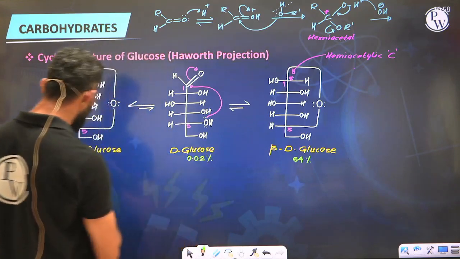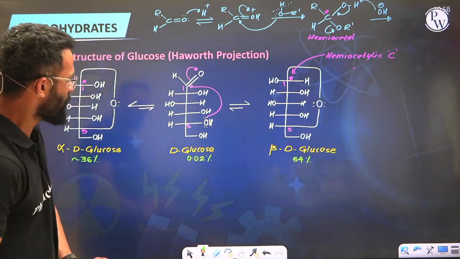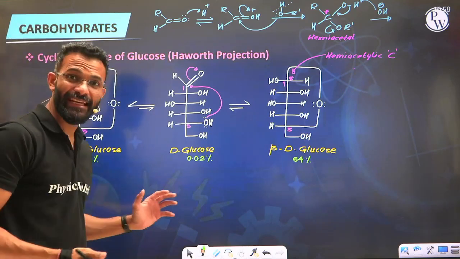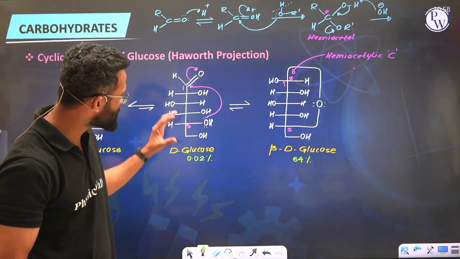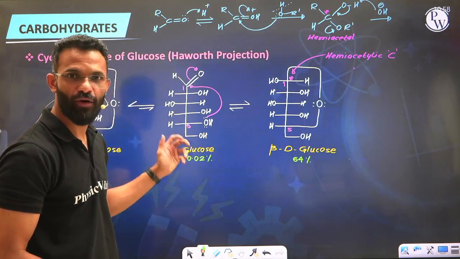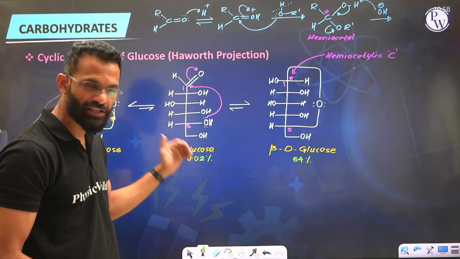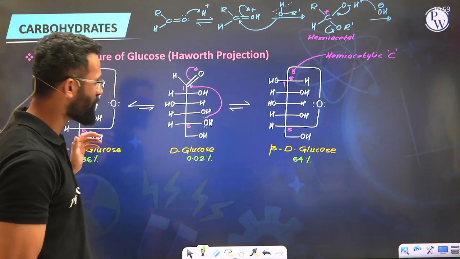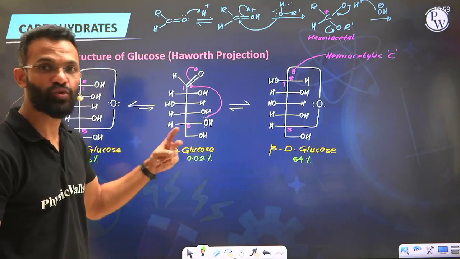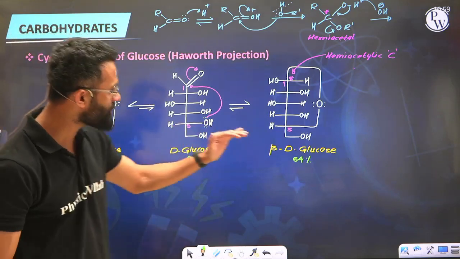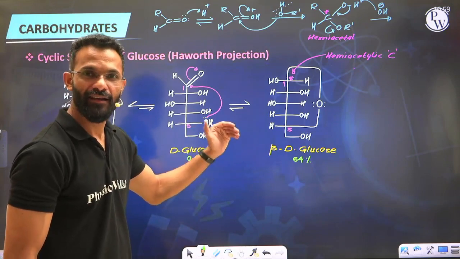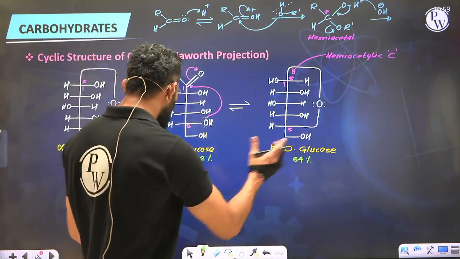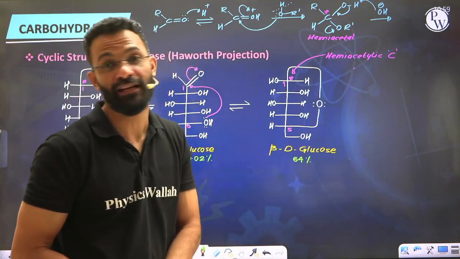Well, guys, this indicates the existence of open chain glucose is negligible. What exists in nature is the closed chain form of glucose, which exists in two isomeric forms, alpha and beta.